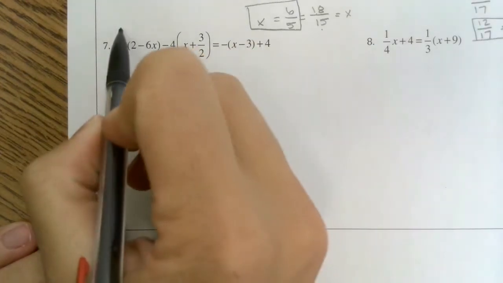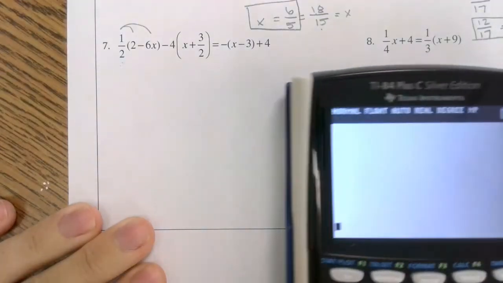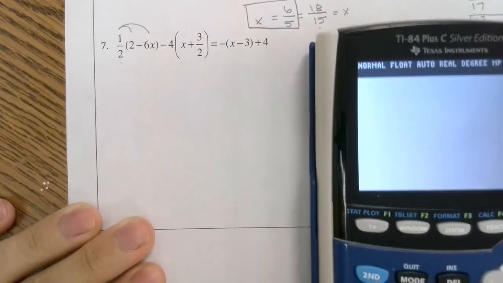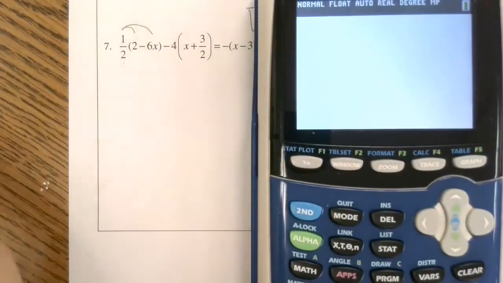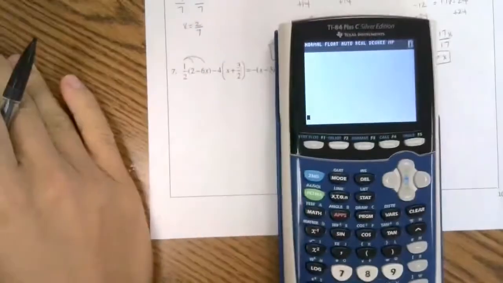So here, this 1/2, even though it's a fraction, we can distribute that 1/2. If you need a calculator for these, okay, you can do that. I'll show you how to put this in the calculator. Let me zoom out a little bit here. Okay.